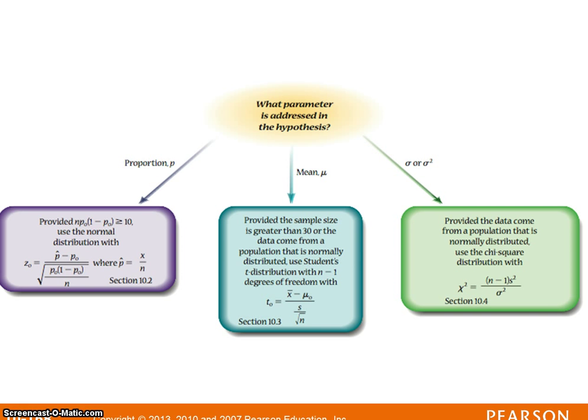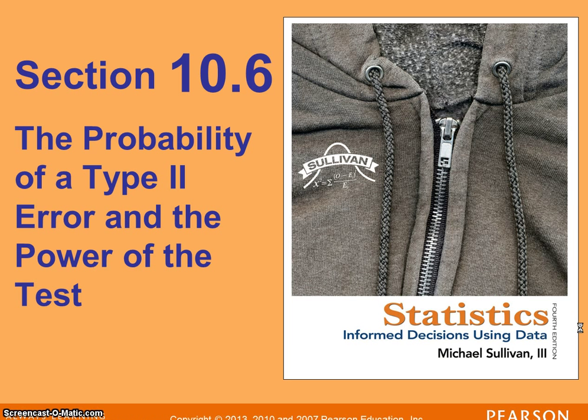So what you're doing is comparing the z-scores or the t-scores or the chi-squared statistics, which correspond to an area, or with the p-value approach, you're comparing the direct areas underneath the curves, not the number of standard deviations you are away from the mean. So you're really doing the same thing in the classical and the p-value approach. It's just that in one you're comparing the scores which correspond to the area, and in the p-value approach, you're comparing the areas directly. Okay, so that pretty much wraps up that section.